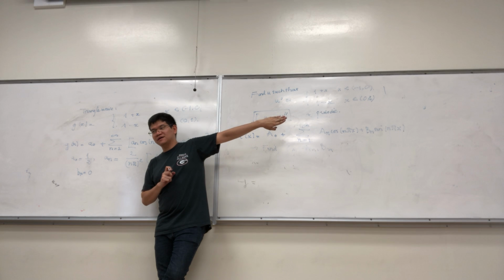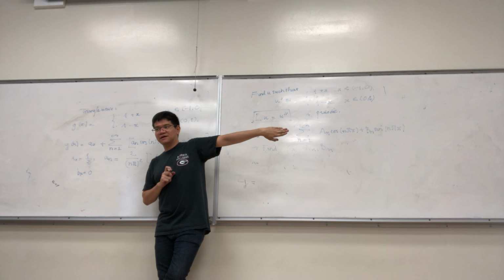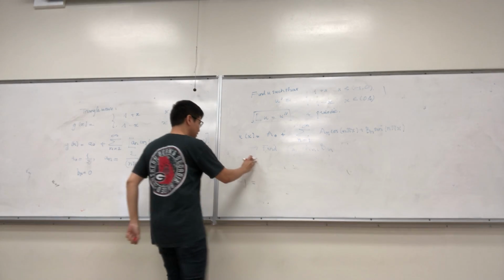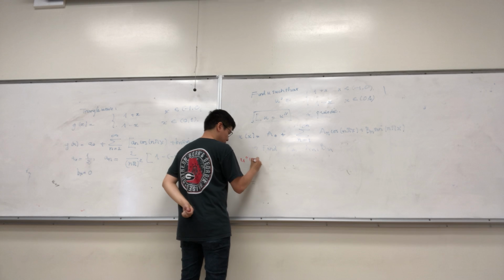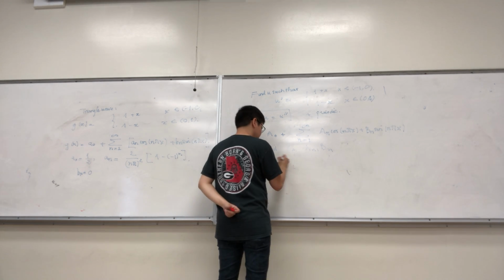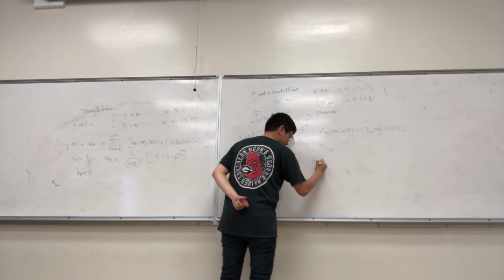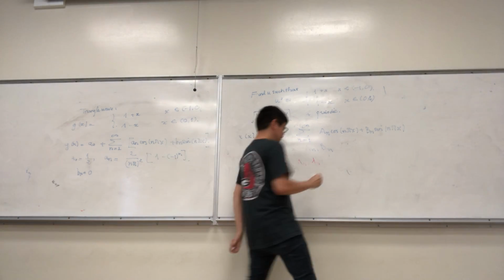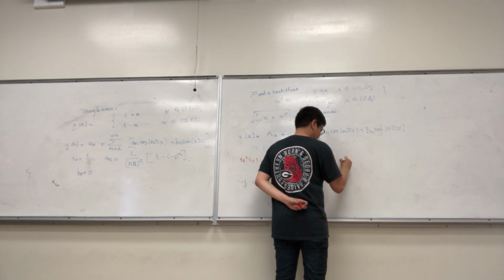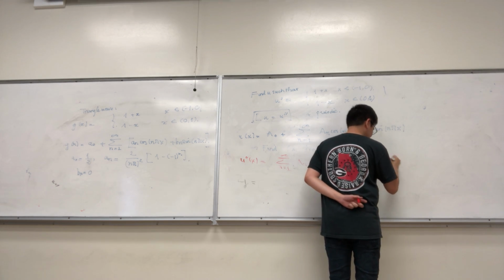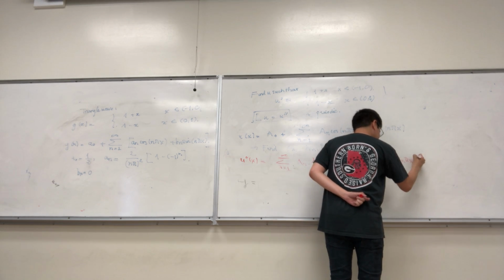It's going to be the sum from n equals 1 to infinity of a_n times the eigenvalue lambda_n cosine of n pi x plus b_n lambda_n sine of n pi x.